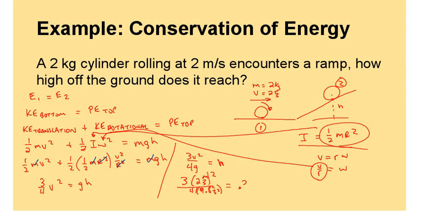Hope you did too. And of course that would be meters. You can see there's a meter squared and a second squared, and the second squared's canceling one of the meters. So we're about 1 foot off the ground here, I guess, and that would be the problem that we could do there. But don't forget, if that object's rolling, you've got 2 kinds of kinetic energy, and you need to put both of those in.